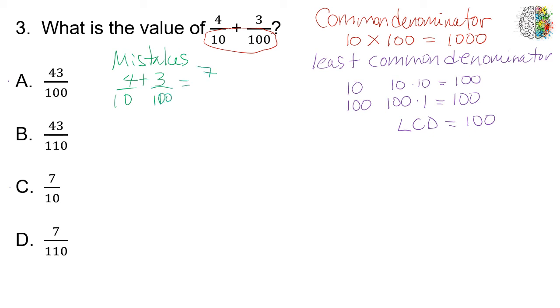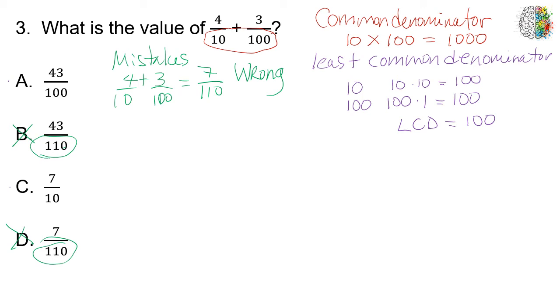And if I add straight across, that gives me 110. So this is wrong. So that tells me these two answers that have a denominator of 110 are probably trick answers where they're testing to see, do you know how to correctly get a common denominator, or are you going to make the mistake of just adding straight across? So now I've narrowed my options down to 2 options.